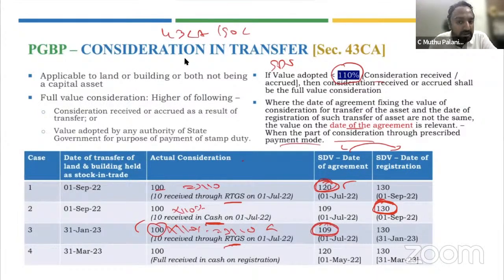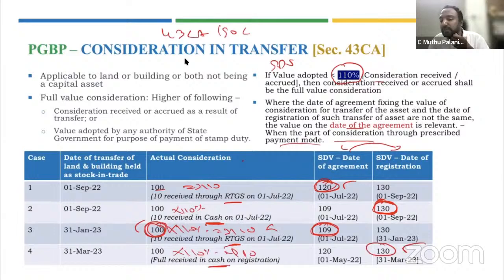So 100 into 110% is 110, which is more than 109. So what will be my sale consideration? My sale consideration will be 100. In the last case, 100 is fully received in cash. So 130 is relevant. 110% is 110, 110 or 130, whichever is higher. So I'll take this as the stamp duty value consideration.